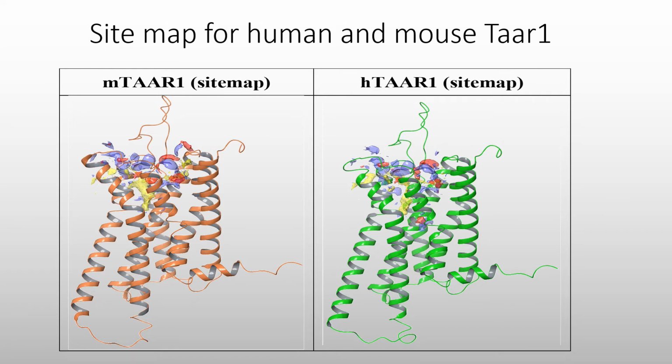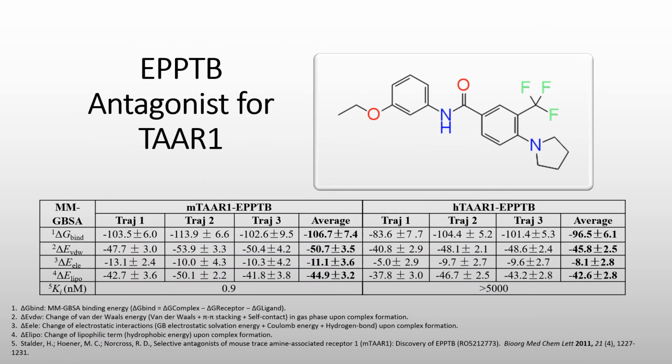And we use this to dock EPPTB, the antagonist for TAR1, that is the only known antagonist.